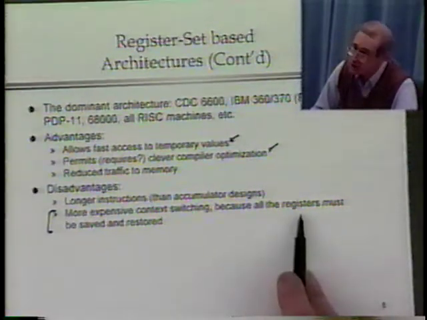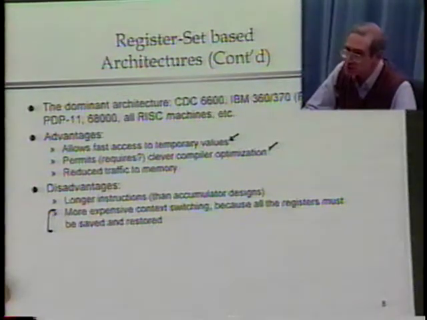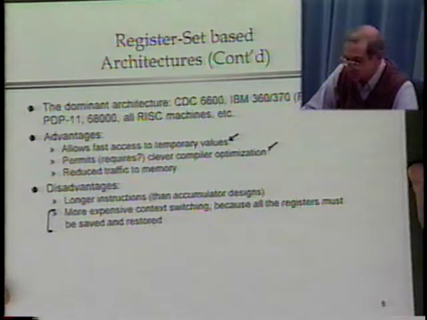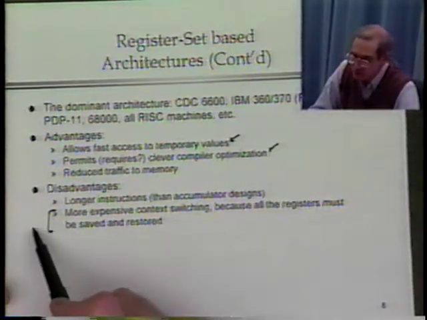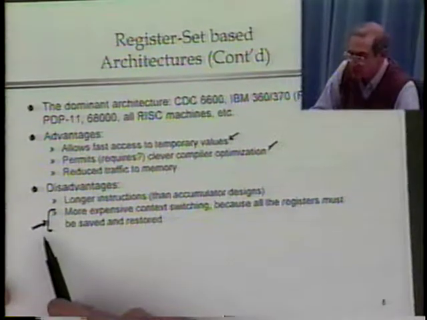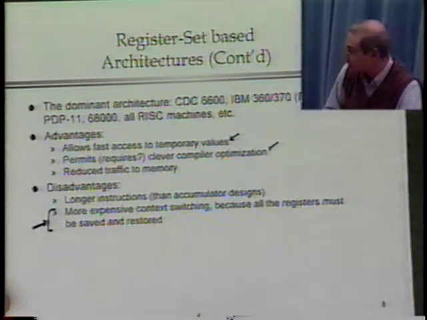So anytime you take an interrupt or switch from one task to another, you've got to dump all of those registers into memory, reload them before you can switch to the new process or to the interrupt routine. We'll see some examples of RISC machines, namely the Spark architecture, which has taken the number of registers to an extreme, to a point at which context switching becomes an extremely expensive operation.